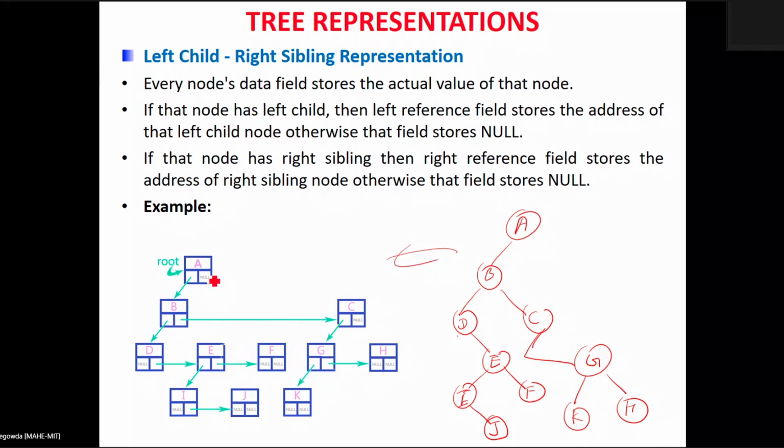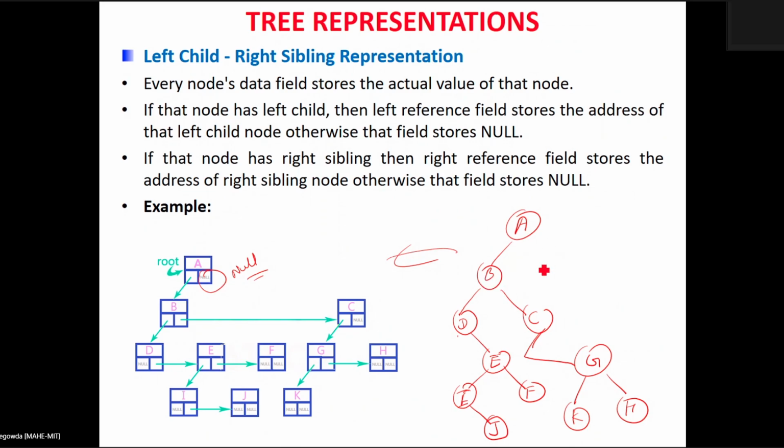So for any given node, if the right child is absent, normally we store the null value in the link field. The null value in the link field of a node represents that that particular child is absent. If you look at the first node, the root node, the root node has only the left child.